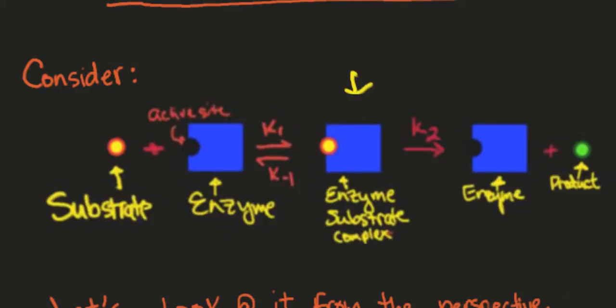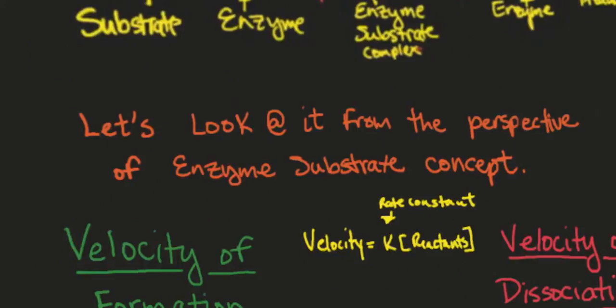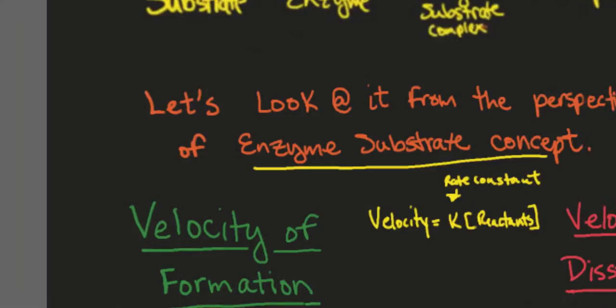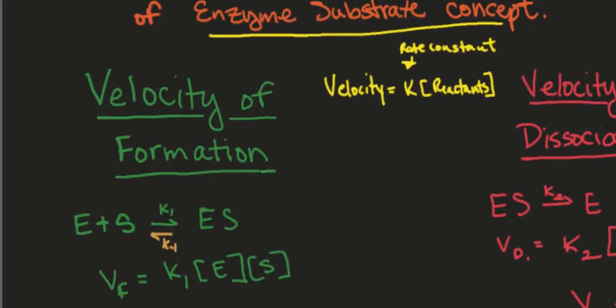Okay, so if we look at it from that perspective, keep in mind that in basic chemistry, the rate of a reaction, or the velocity of a reaction, is the rate constant K times the concentration of the reactants.